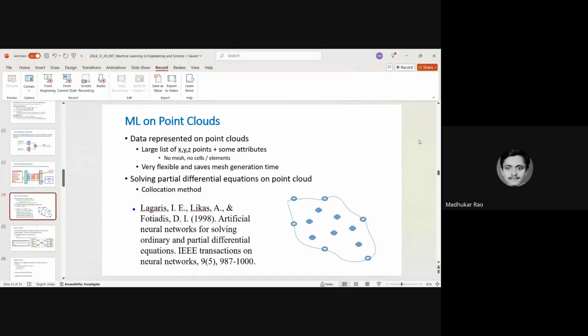And this method was actually invented in 1998. But at that time, the computing capabilities were not powerful enough to make use of it. So now your computers are powerful enough. You have GPUs and all that, so you can make use of it. So this is a very good way of solving ordinary and partial differential equations on point clouds.